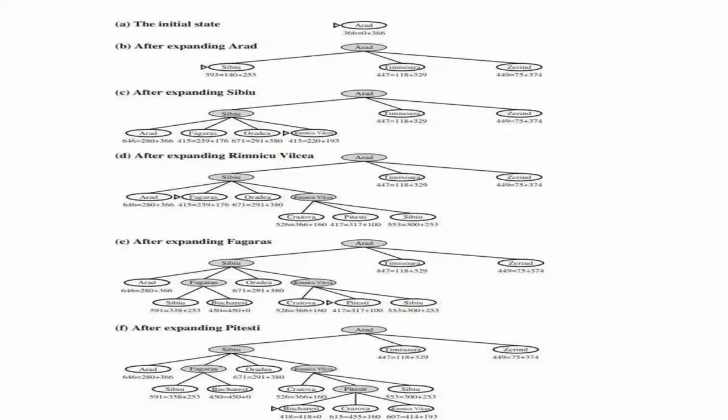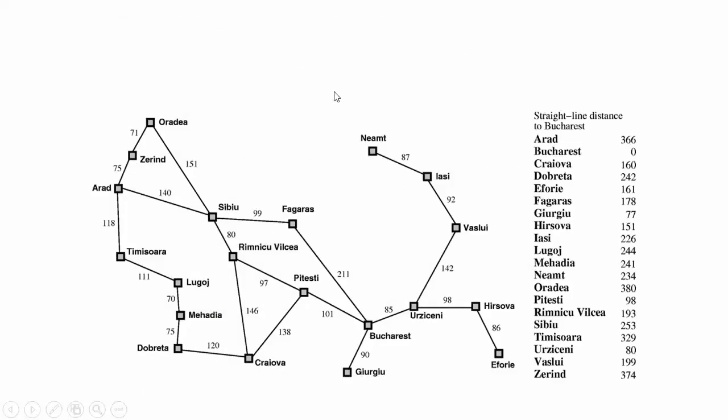What is the initial state here? Arad. What is our destination? Bucharest. How is it going to expand? For Arad, as in the previous example, what are the neighboring children? Sibiu, Timisoara and Zerind. I will explain how this value is calculated. For Sibiu, the actual cost from Arad is 140.